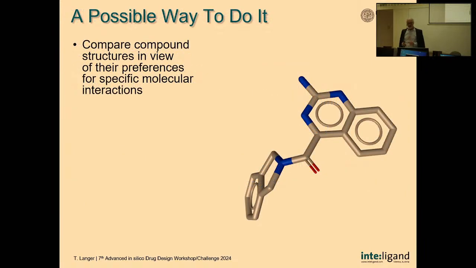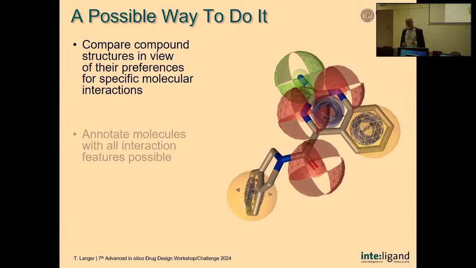So a possible way to do this is to compare compounds in view of their preferences for specific molecular interactions. You can do this using a so-called pharmacophore model, annotating molecules with all possible interaction features. So the features projected on this molecule would be all potential interactions that this molecule could make in a binding site, if the protein has all these possibilities.